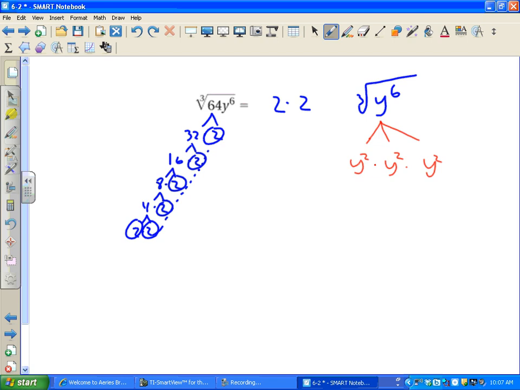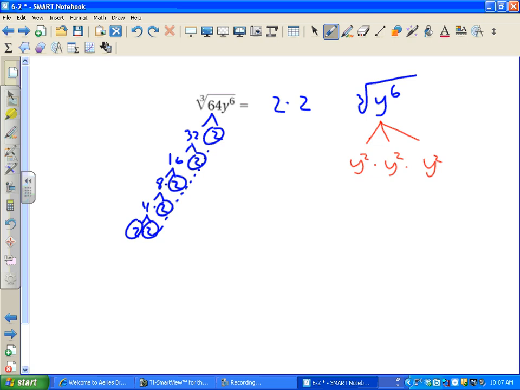If I covered up y to the 6th, and I told you to combine y squared times y squared times y squared, you should say that that's going to go to y to the 6th. Then it should make sense to you that y to the 6th will break down to y squared times y squared times y squared.